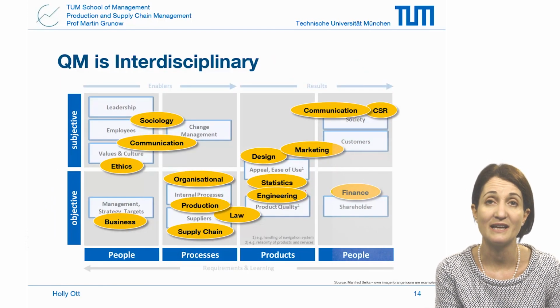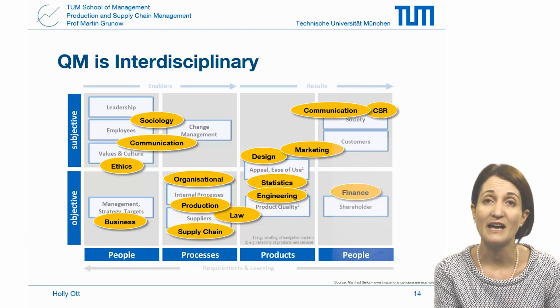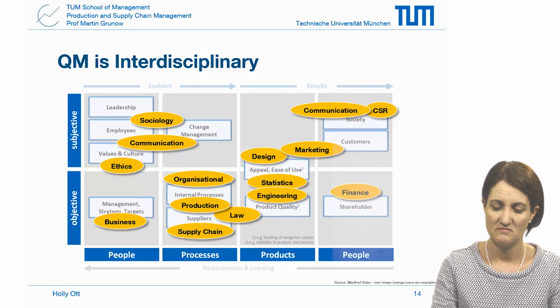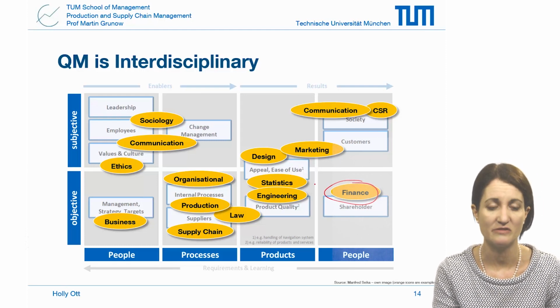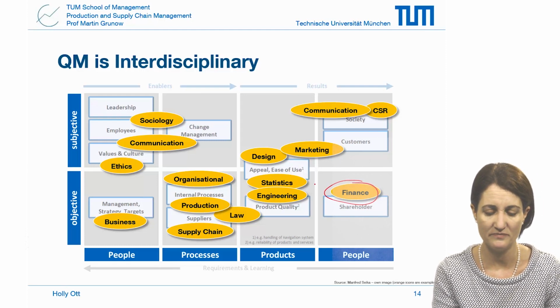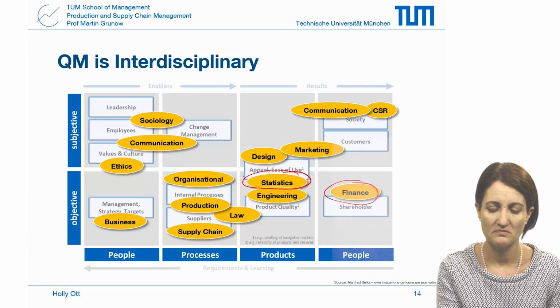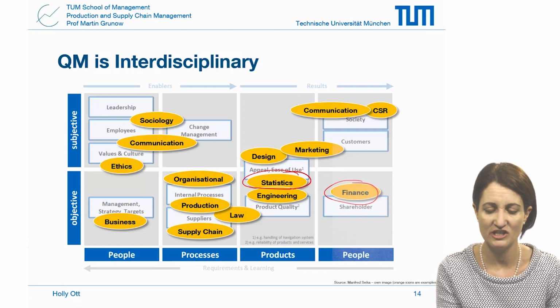And here we see on this slide that Dr. Saika has added all the different people or departments involved in a quality organization. For example, finance is very involved, right? You have people doing statistics, engineering.